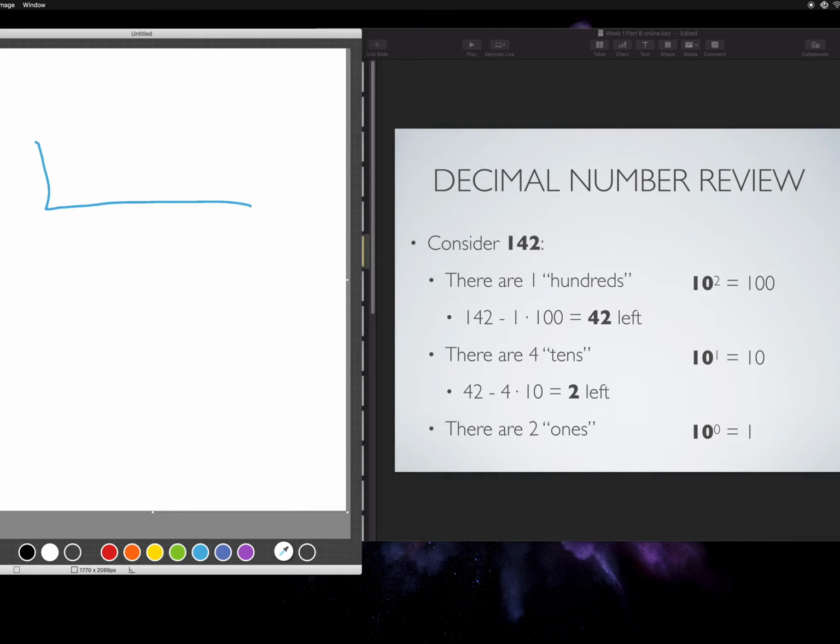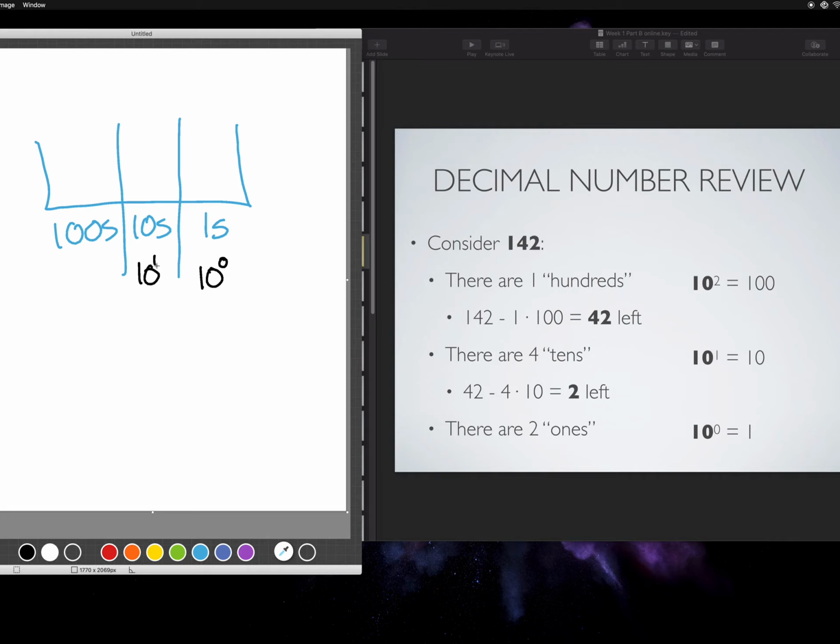Here we'll have a box for all of its places. This will be the ones, this will be the tens, this will be the hundreds spot. And again, we're getting these numbers because everything's base 10. So the ones place is because 10 to the 0 is 1. The tens place, 10 to the 1 is 10.